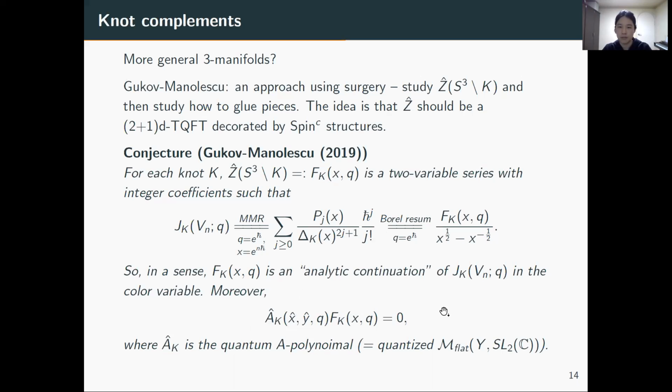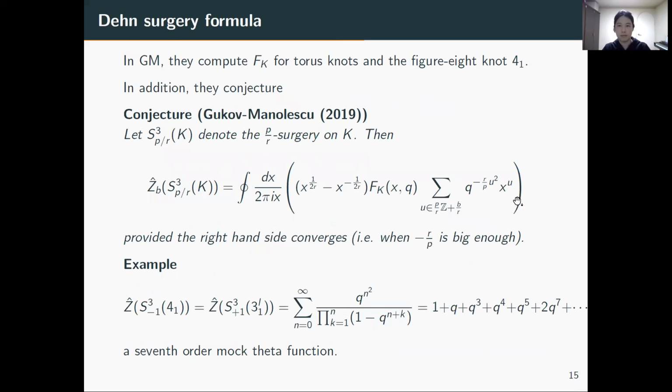For those who are not familiar with the quantum A-polynomial, you can just think of it as a quantized version of the moduli space of flat SL2C connections on the knot complement. In the same paper, they compute F_K for torus knots, as well as the figure-8 knot, which is the simplest hyperbolic knot.